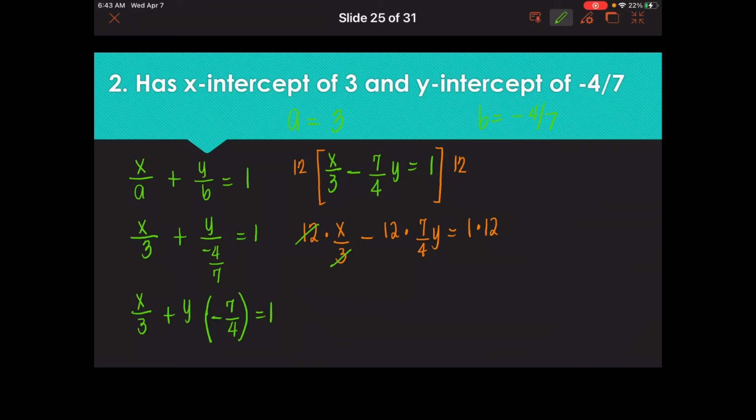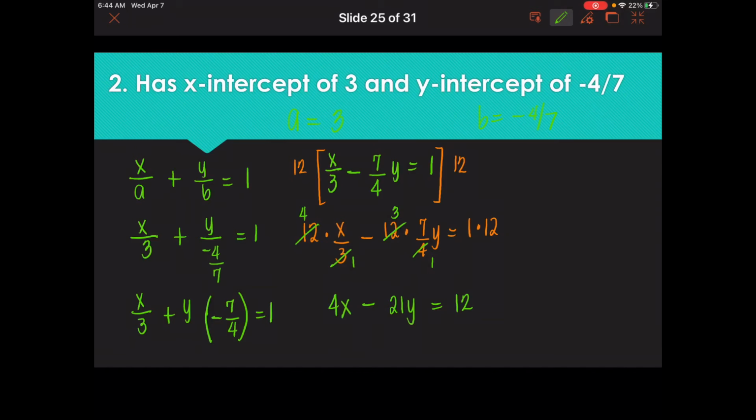So 3 will become 1, 12 will become 4. So I'll have 4x. Then 12 and 4 will be cancelled. 4 is 1. 12 divided by 4 is 3. And then we multiply 3 and 7, which is 21. Y is equal to 12.